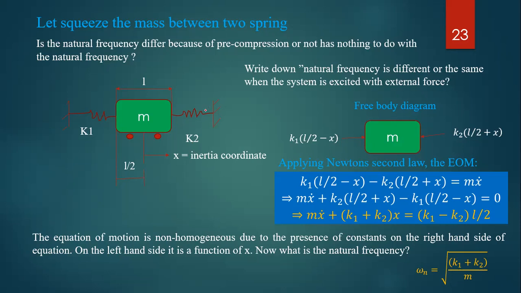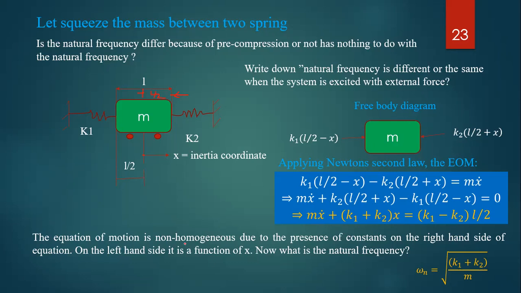Here k1, k2. Assume some length L here, with L over 2 to this side and L over 2 to that side, considering the inertial coordinate axis. Then applying Newton's law, we get m x double dot plus (k1 plus k2) x equals (k1 minus k2) L over 2.